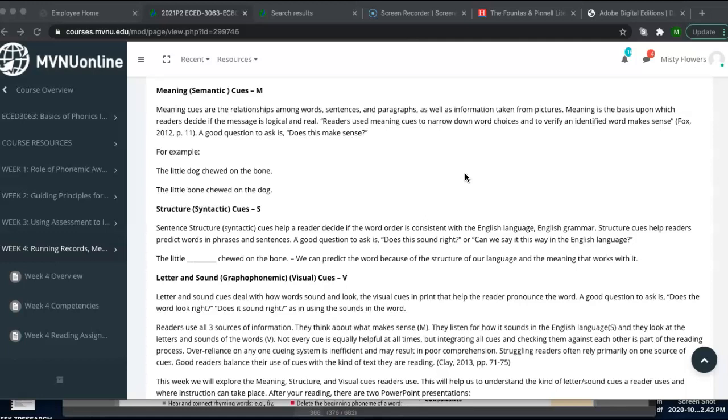When you are analyzing the running record, you analyze up to and including the error. So a good question to ask is, does the error make sense in the sentence? That would be a meaning, that the child is using meaning.